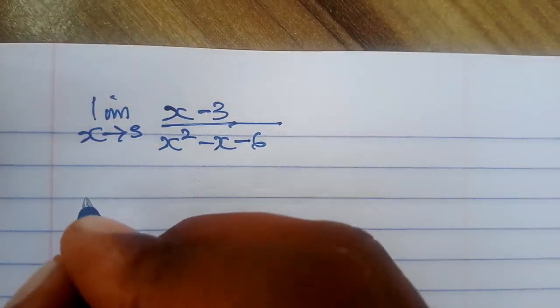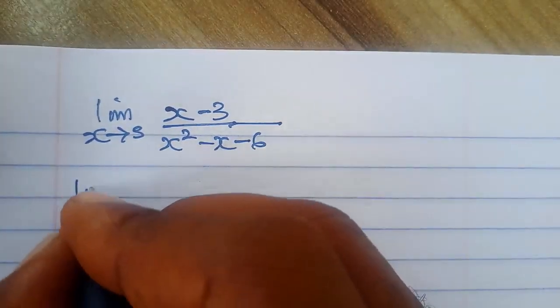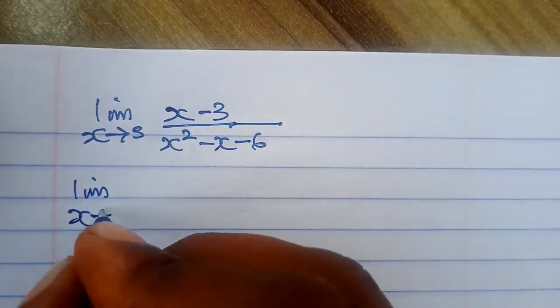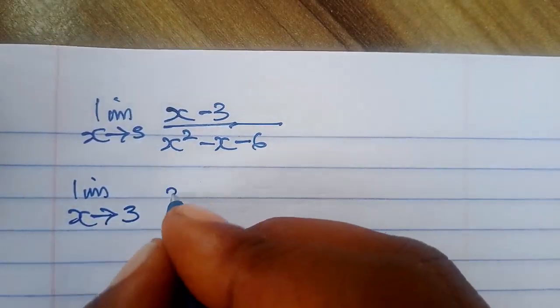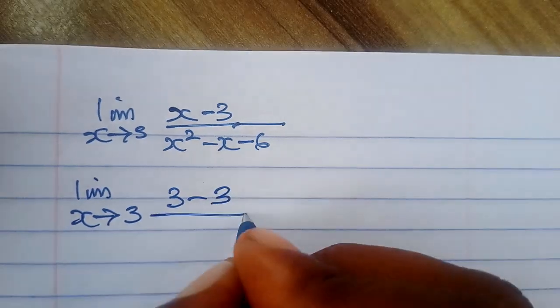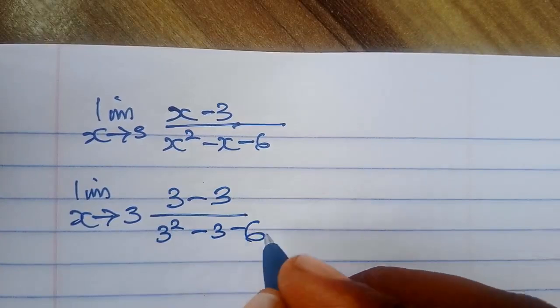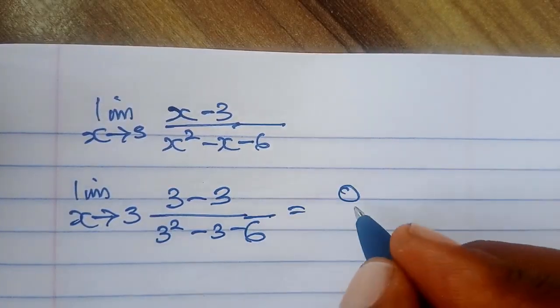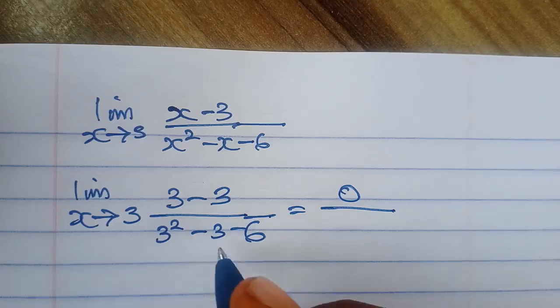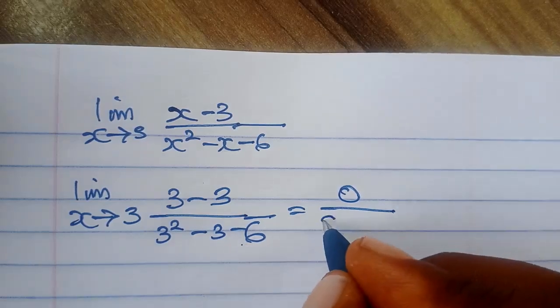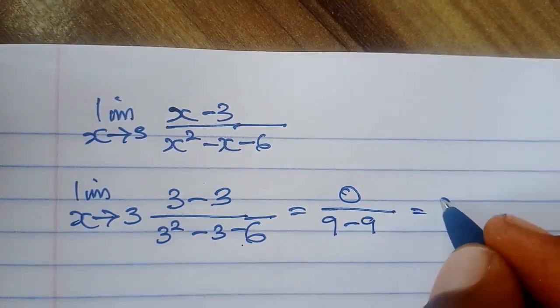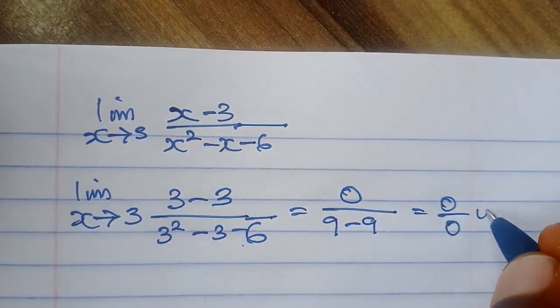By direct substitution, we can have the limit as x approaches 3. We can have 3 minus 3 over 3 squared minus 3 minus 6. So what we're going to have on top is 0, over 9 minus 3 minus 6. So we have 9 minus 9, which is 0, over 0, undefined.